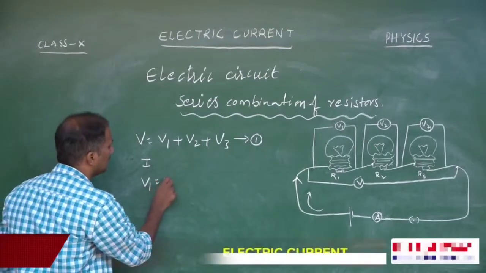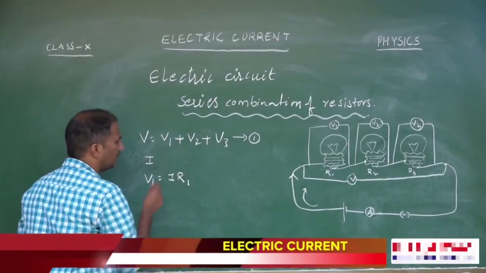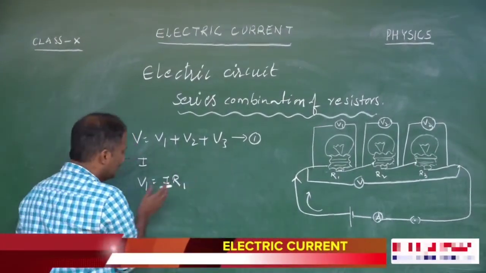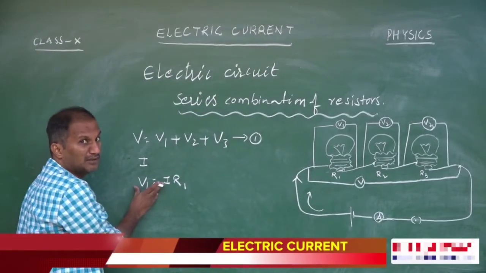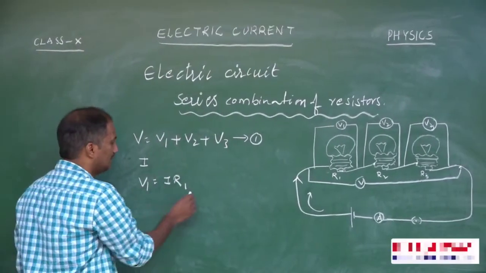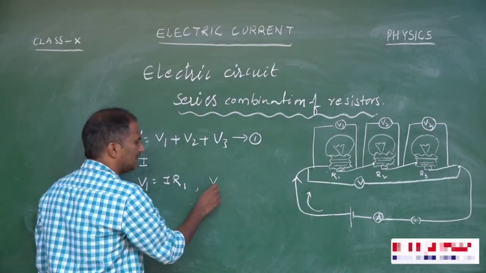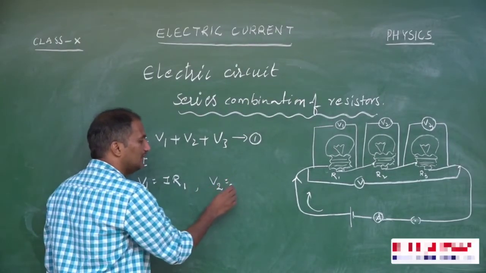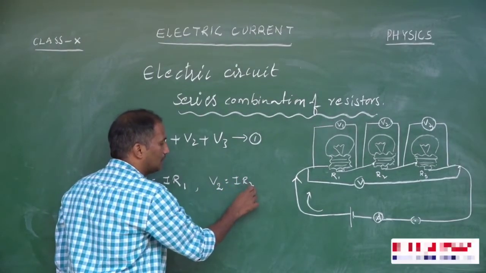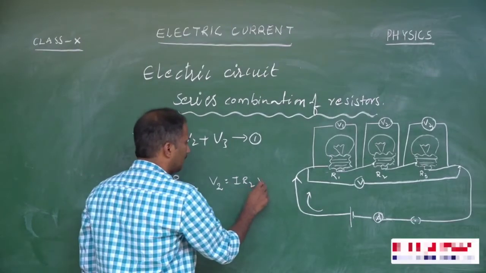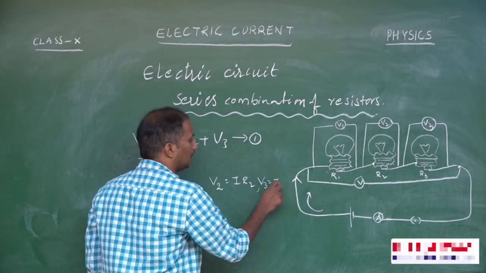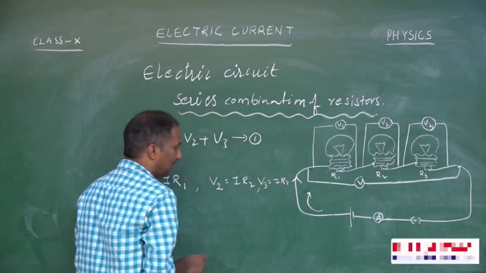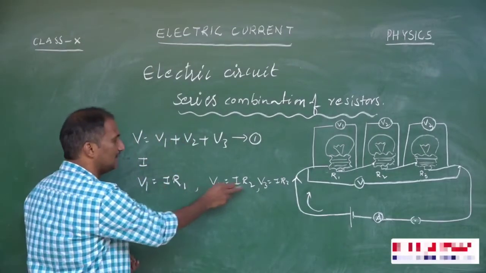V1 is equal to I into R1, and that is the potential difference at the two terminals of the first resistor. Like that, the potential difference at the second bulb is IR2, and the potential difference at the third bulb, V3, is equal to IR3. Let us have a look at all three equations.